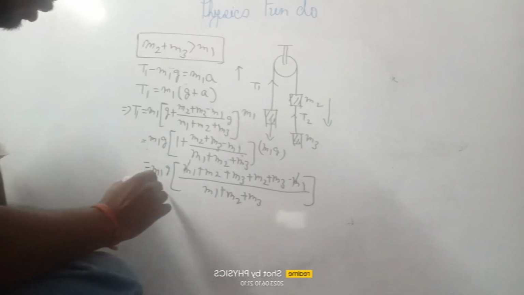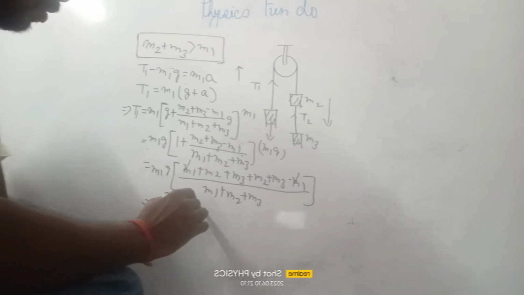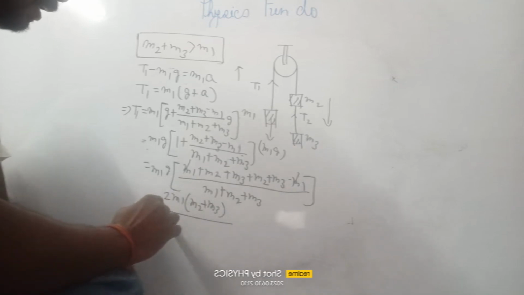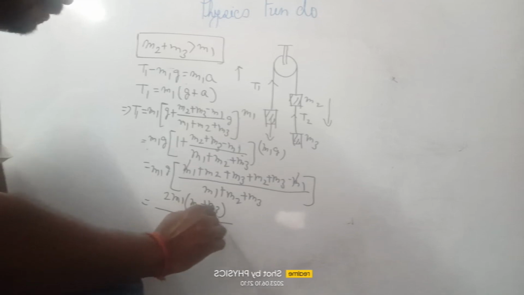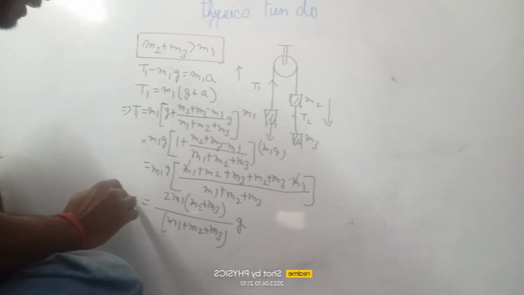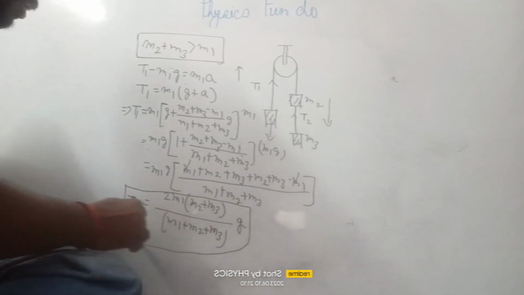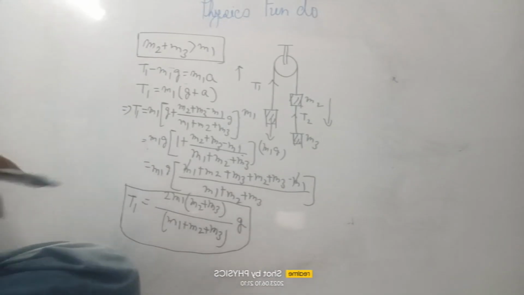We have 2 m1 into (m2 plus m3) by (m1 plus m2 plus m3) into g. That is the tension on the first block.